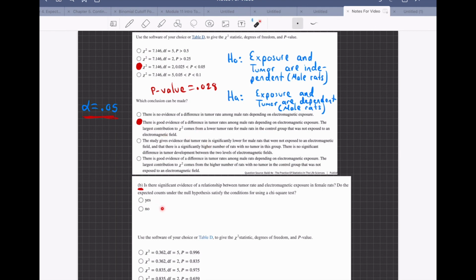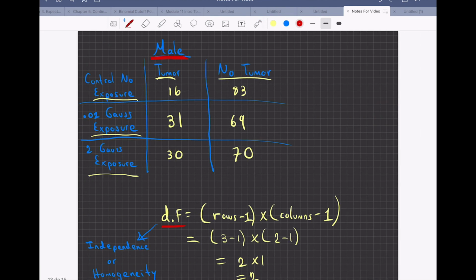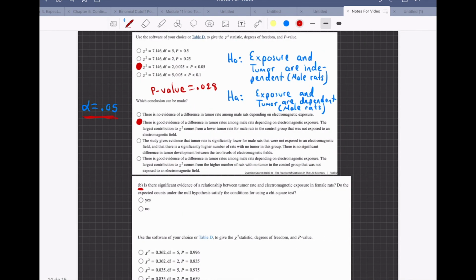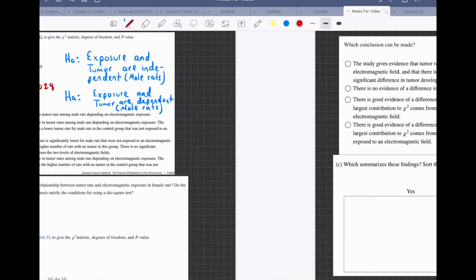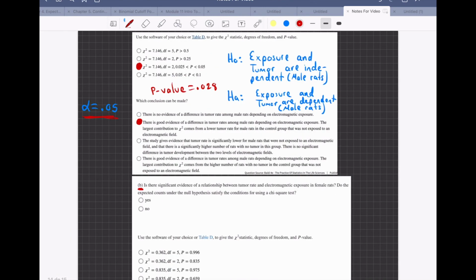Now you have to complete this one. You verify this one. Anyway, I will give you the answers. You will have to create the table like this one, but now for female. I created this for male. Now you create the one for female, and respond to the questions. Anyway, the answers are: yes.